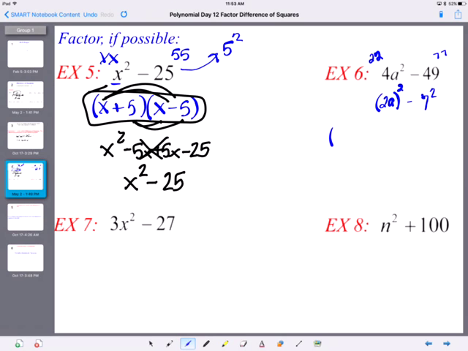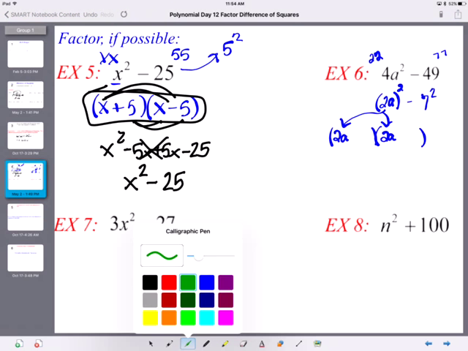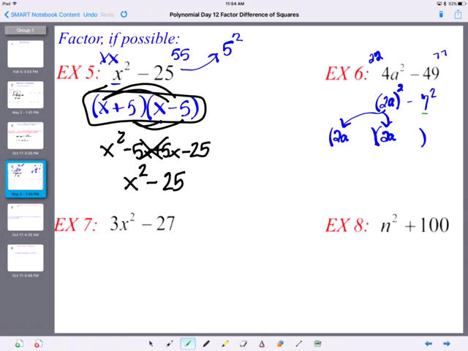So when I put it into my factors, my a is going to go in the beginning of my parentheses, so I will have 2a and 2a. My b, or in this case my 7, is going to go in the end of my two new factors, and I know that my signs have to be a positive and a negative for that center term to cancel out.